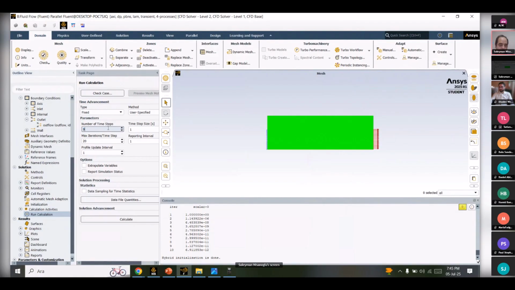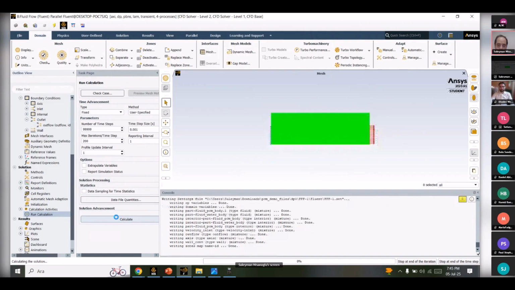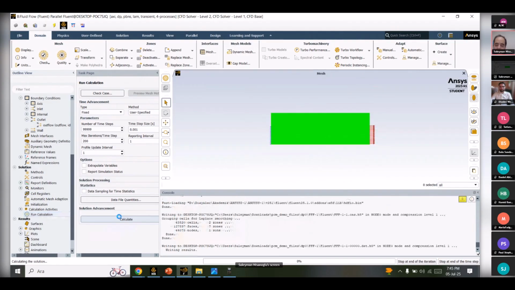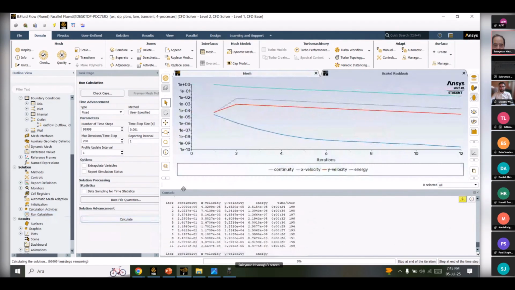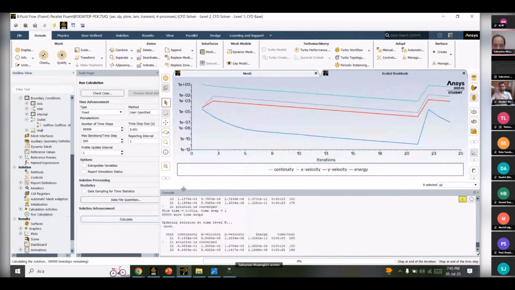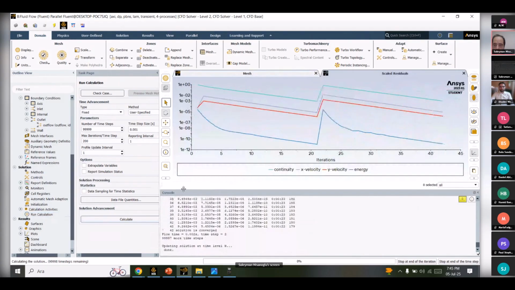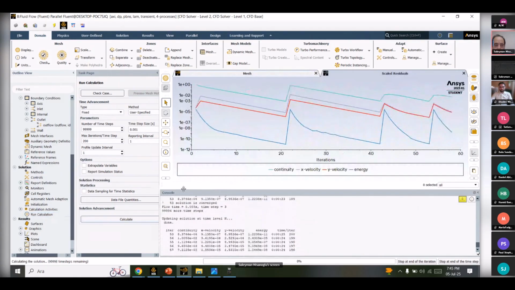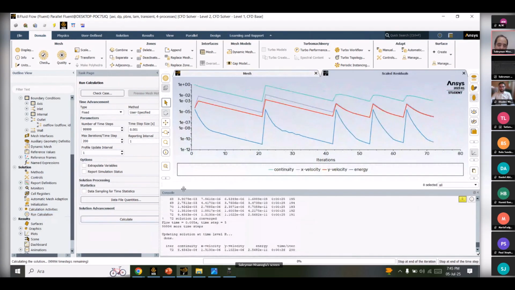Number of time step is 999. Time step size is 0.001. Time step size must be very small. Maximum iteration is 2000. Maybe 200 for this demo, and click calculate. And very long time we must wait, because our time step size is very small.